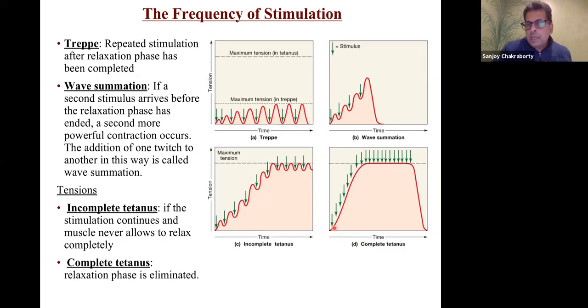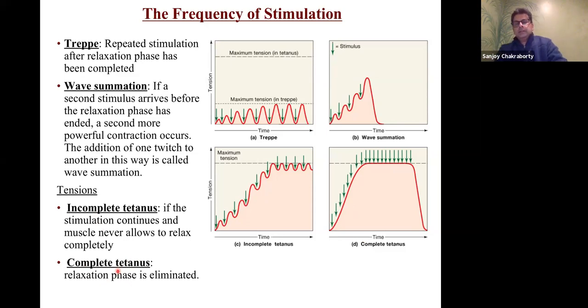So we reach the equilibrium or the saturation point faster, but boom, everything goes like a straight line. That's called complete tetanus, meaning the relaxation phase is completely eliminated because the signal comes before the relaxation phase even begins. Incomplete is when the relaxation phase is in between, in the middle. Here, we don't even allow the relaxation phase.